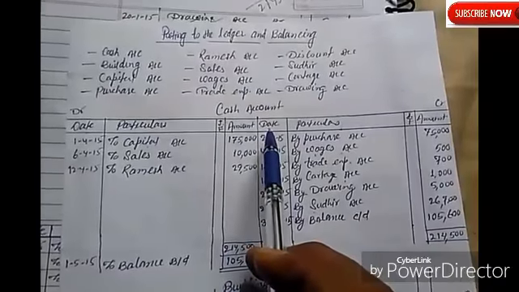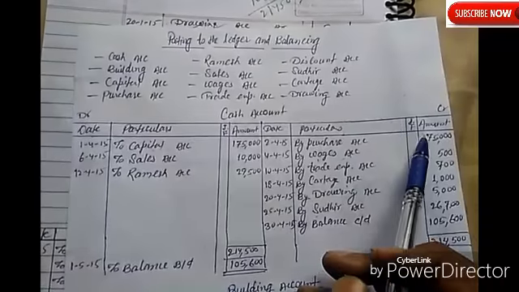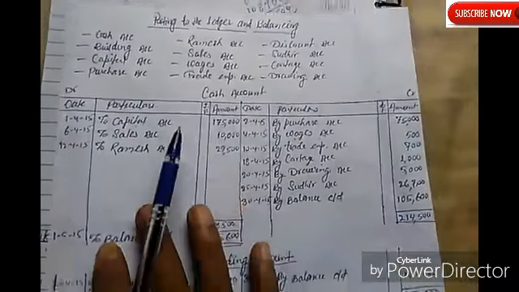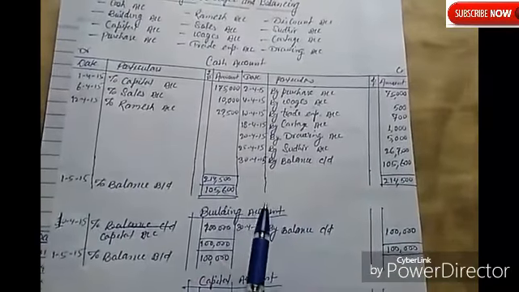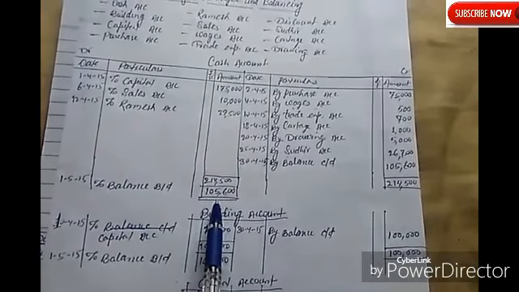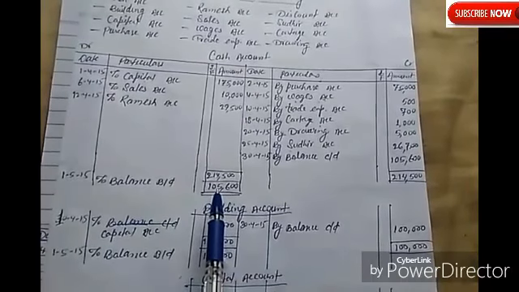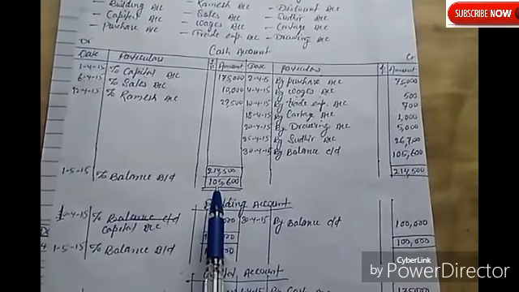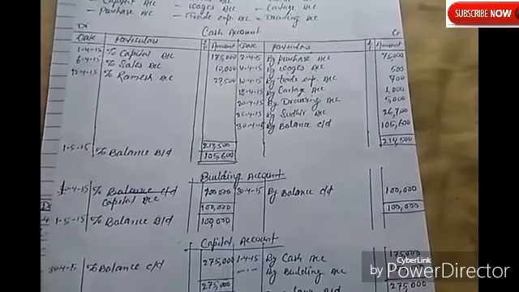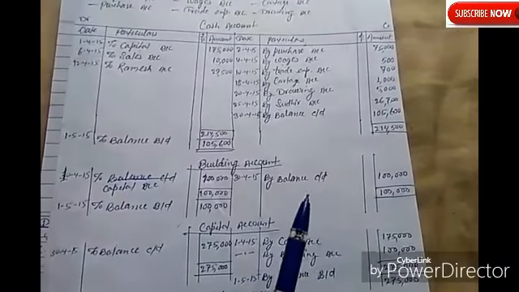Then again on the credit side: date, particulars, ledger folio, general folio and amounts. You must remember all these, and on the basis of those balances the trial balance will be made. I will explain it later in my next video. I will show how to prepare the trial balance.